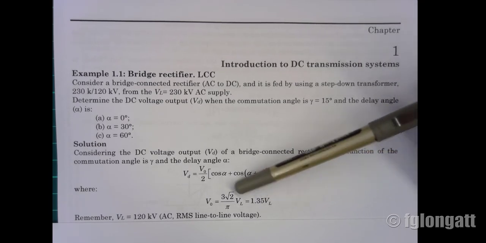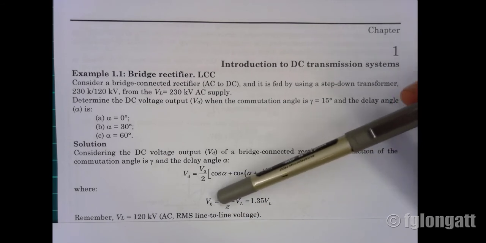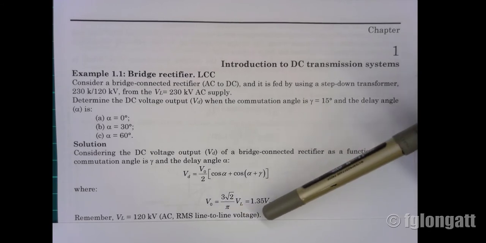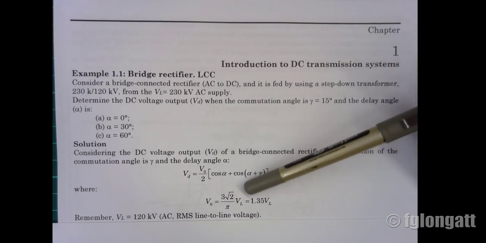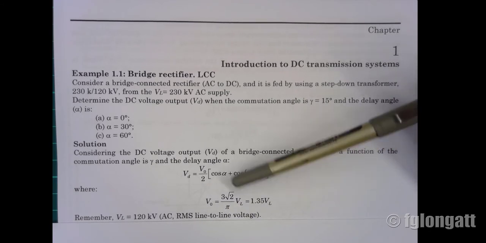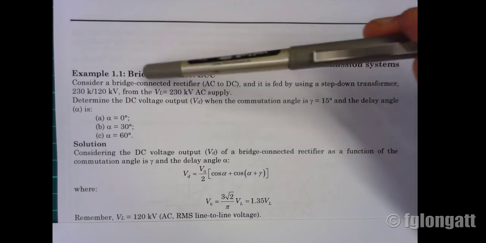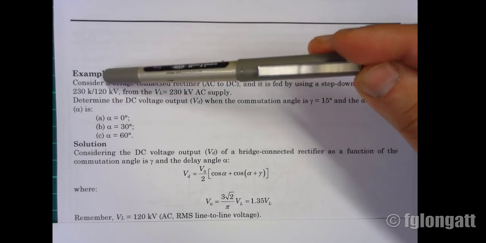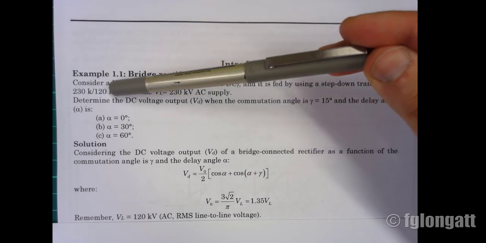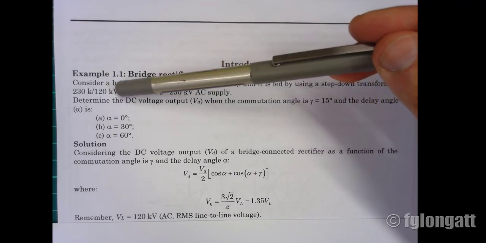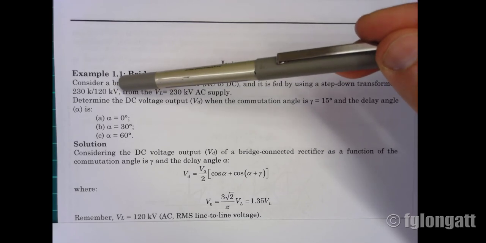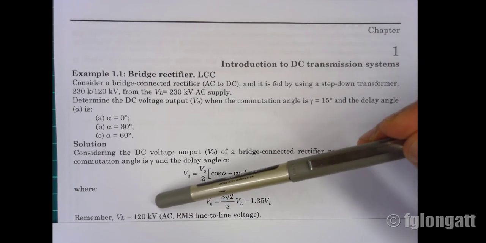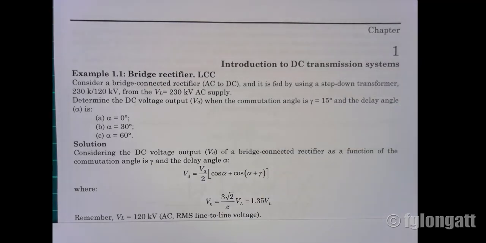Here we have this beautiful constant, 3 times square root 2 divided by pi, and this is again the line-to-line RMS. Okay, if we have a supply on the high voltage, the supply is 230 kV. Of course, in the step-down transformer, we have a voltage that is 120 kV line to line.